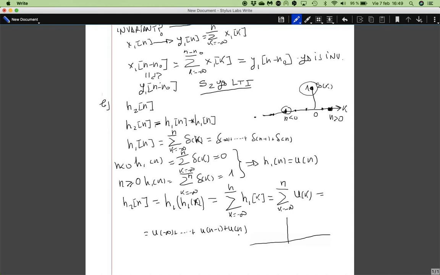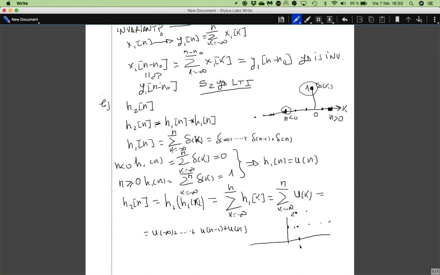Let's begin from the end. u[n] we know is this. But we have to add to u[n] the signal u[n minus 1]. You know, u[n minus 1] is over here. It starts at 1. So if we add another u[n] here, basically this was at 1, we will be at 2.